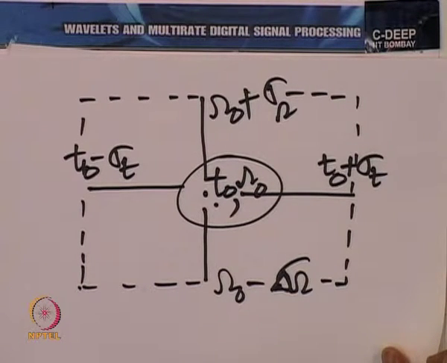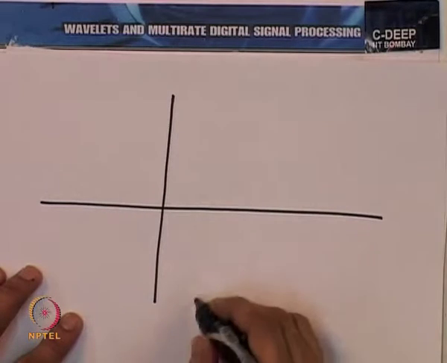So, let me show the whole time frequency plane in some sense. What we are saying is, here you have the time frequency plane. So, let us mark it, this is the time frequency plane notionally.